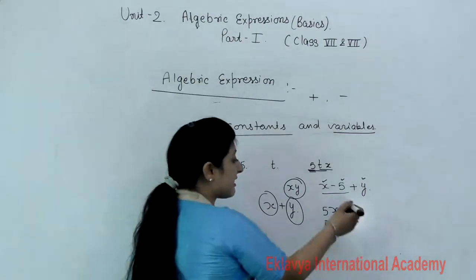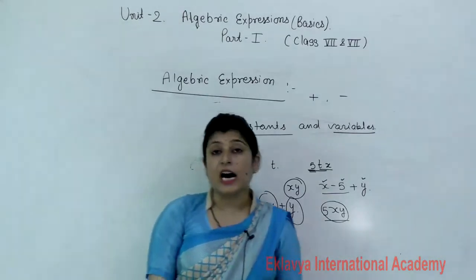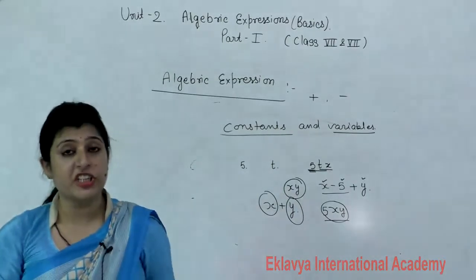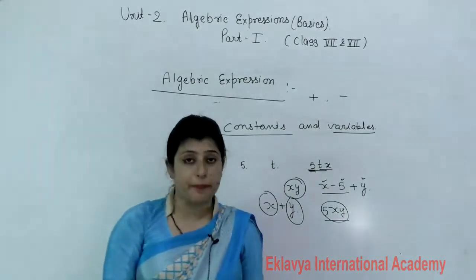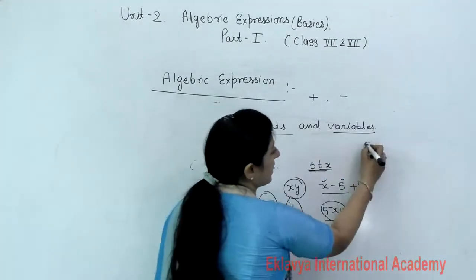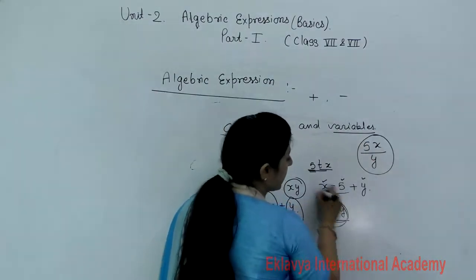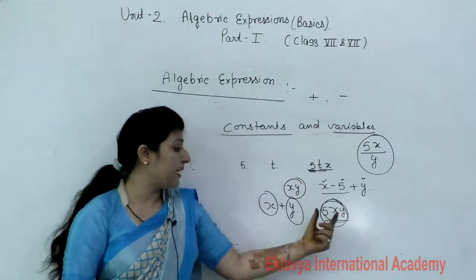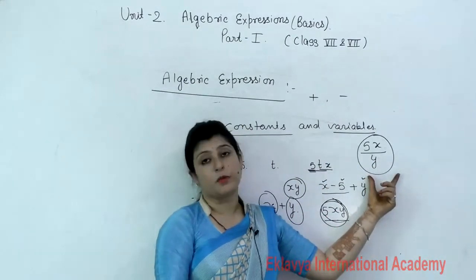Only a single term. So terms are separated by addition or subtraction. If we are taking multiplication or division, it is included in the same term, meaning this is one complete term only.